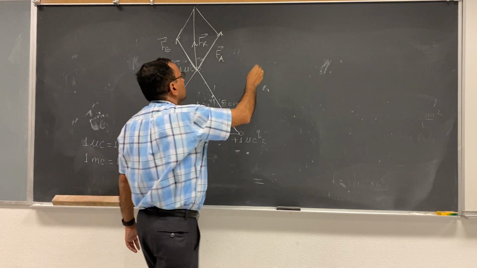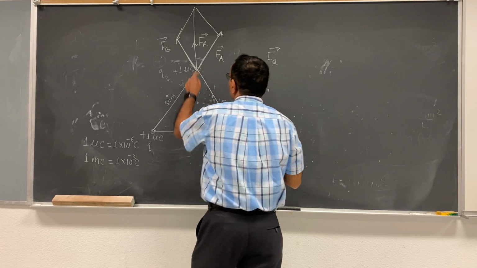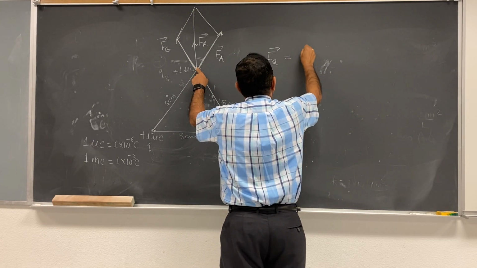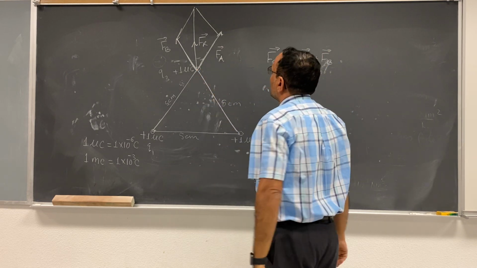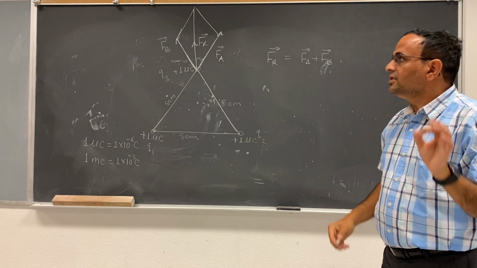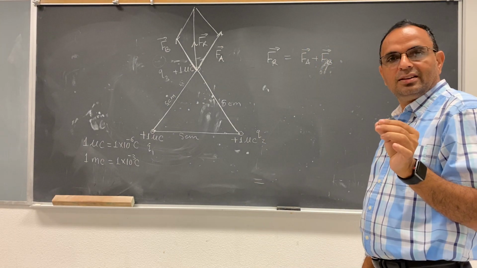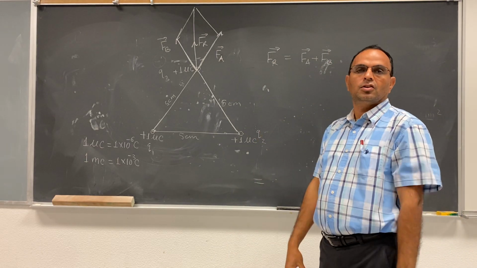So your F_R is the resultant force at this point. This is equal to F_A plus F_B. This is how you have to write it down. But the concern here is that the resultant force is a vector quantity. So simply you cannot add them. You have to apply the vector law.